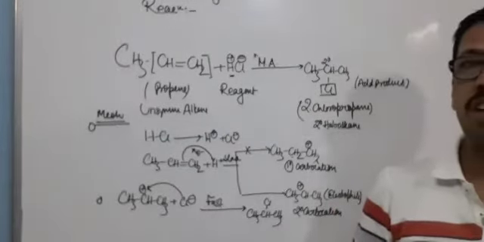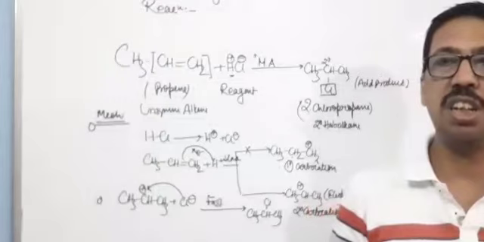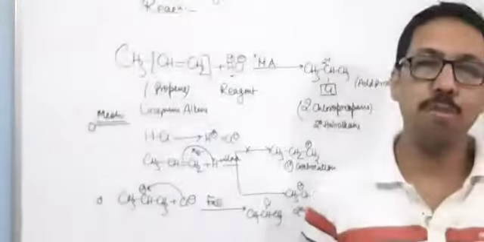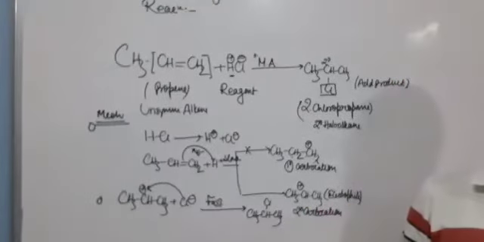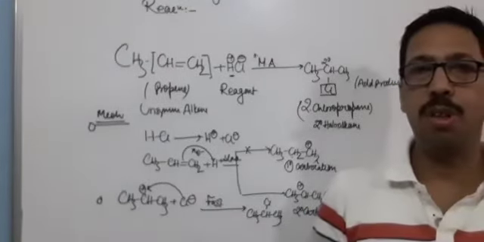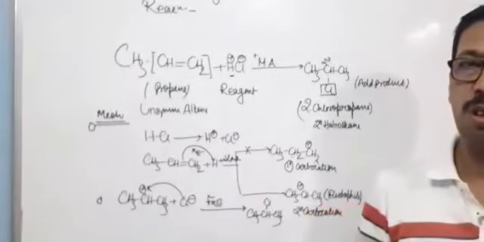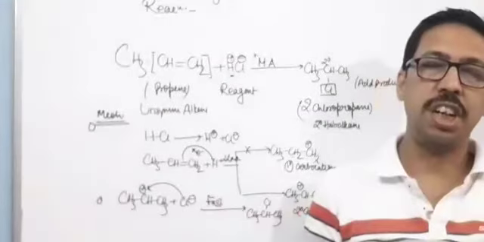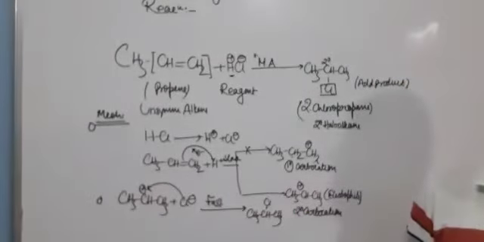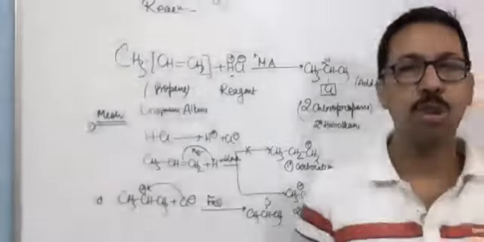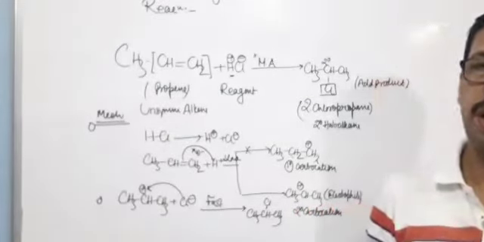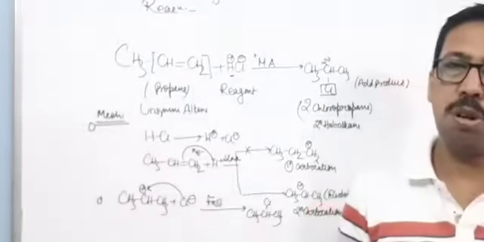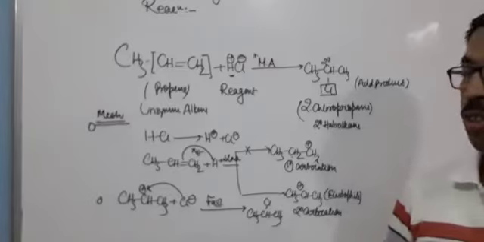So you can write that whenever an unsymmetrical alkene is treated with an unsymmetrical reagent, then the positive part of the reagent is added to that side of the double bonded carbon atom which bears the maximum number of hydrogen atoms, and the negative part is attached to that side of the double bonded carbon atom which bears the minimum number of hydrogen atoms. And this is explained by Markovnikov, so it is known as Markovnikov's addition.